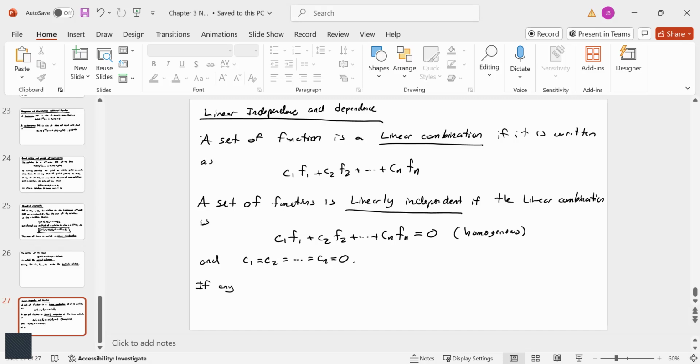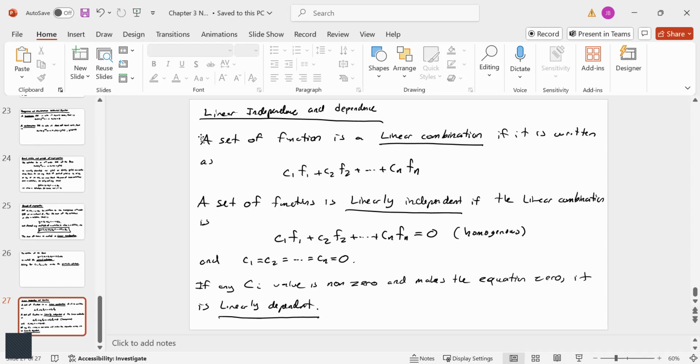If any C value is non-zero and makes the equation 0, it is linearly dependent.